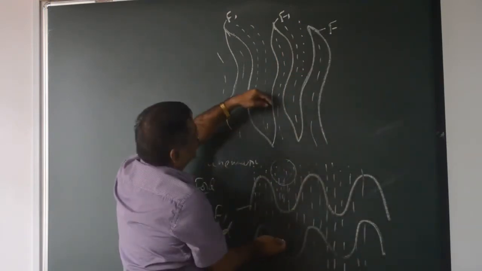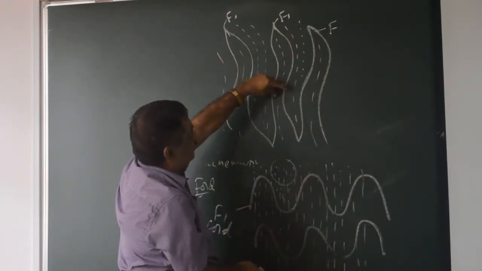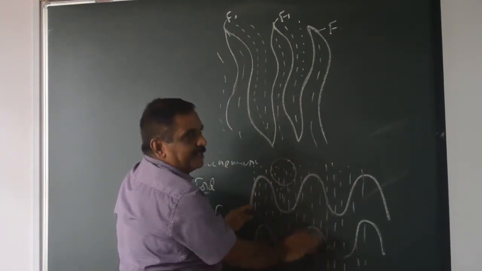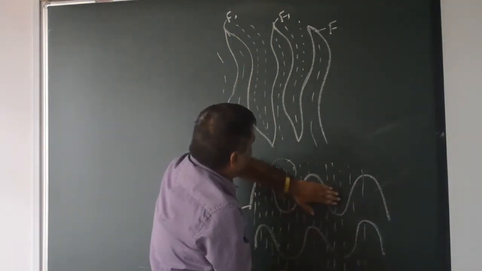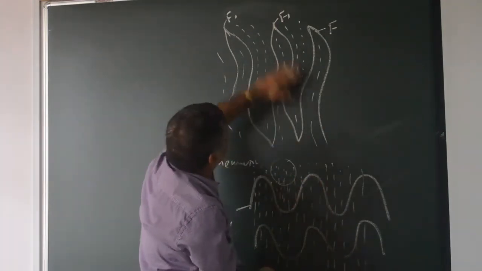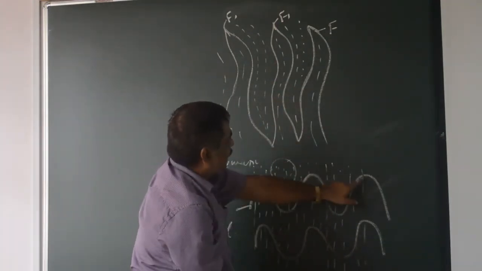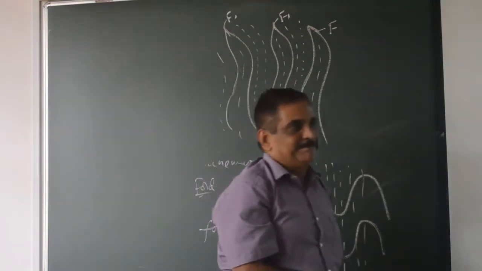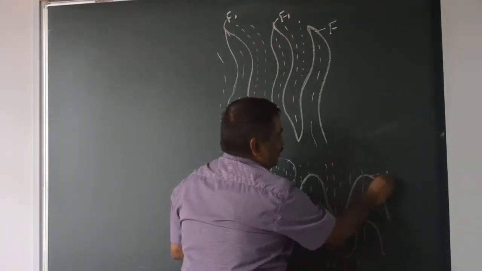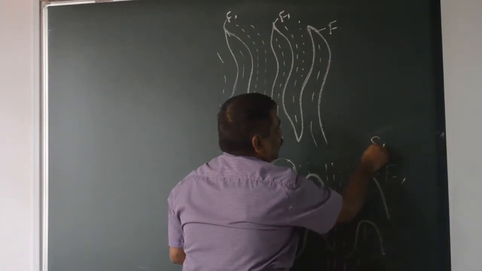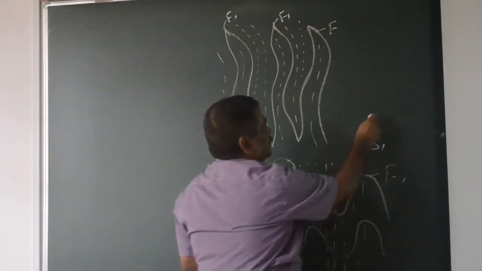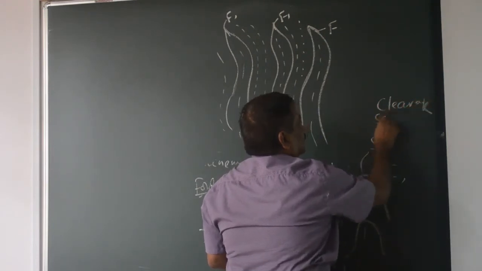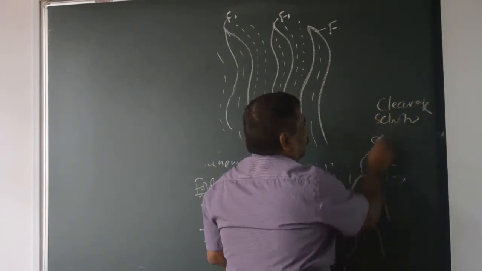Just compare these two figures. Here the folds are bent, but here it is not bent, just at the beginning. That is why this feature and this feature are matching. So these are first folds because this schistose plane is also developing during that time. So this is the F1 fold, and these are the S1 cleavage or S1 foliation, schistosity. The similar words: cleavage, schistosity, foliation.